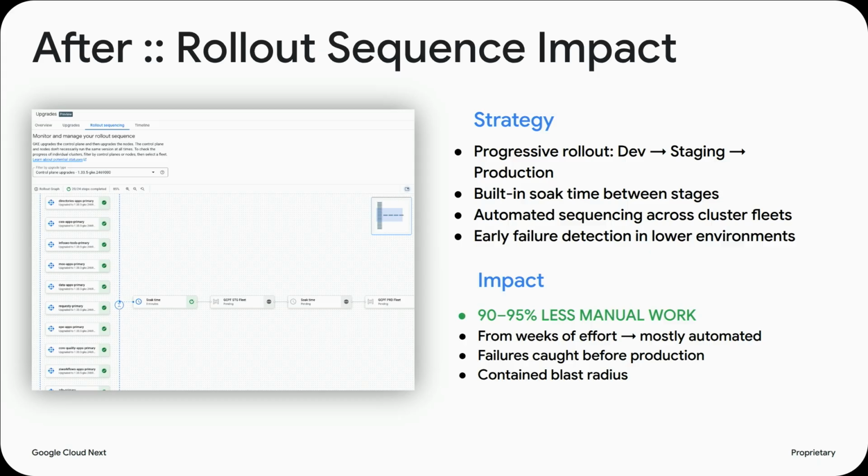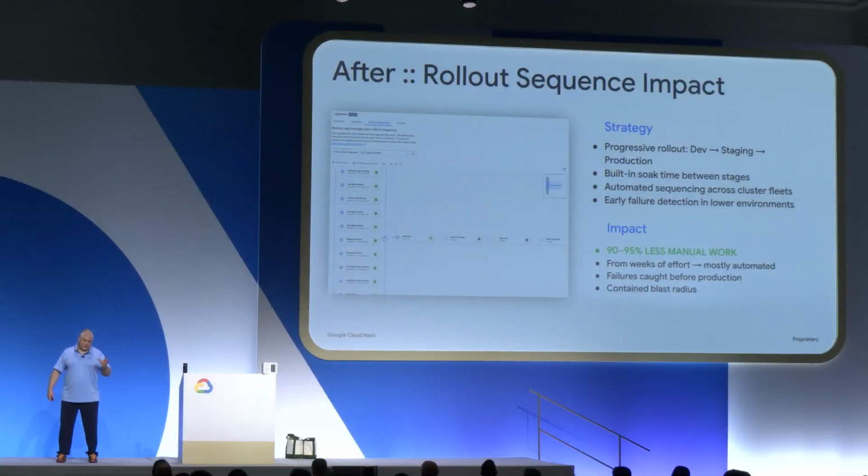It's going to the dev fleet, multiple clusters, each with its own maintenance window, each with its own exclusions, release channels, etc. So this group of clusters gets the new version, and once it's completed, we start observing. We have a soak time between this group of clusters, dev, and the next one.